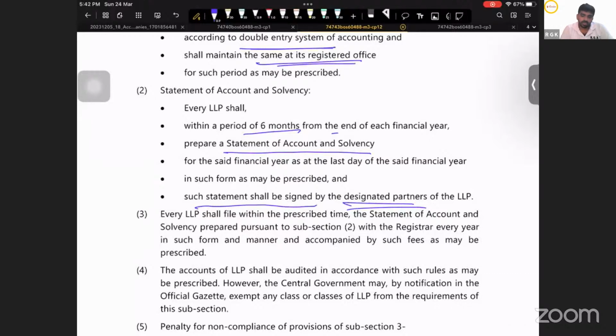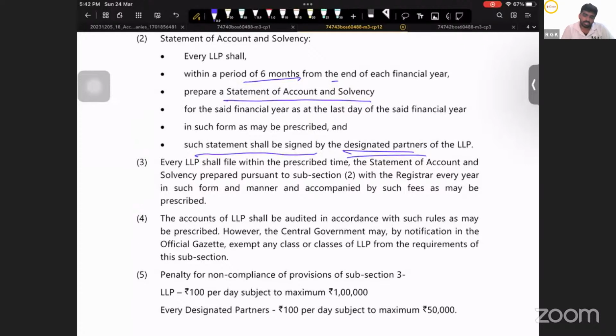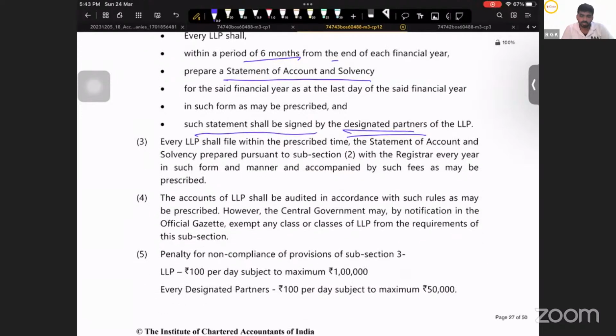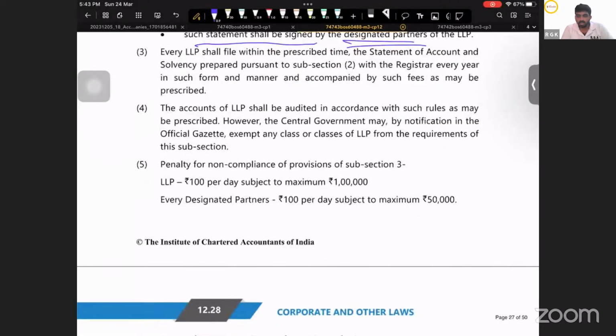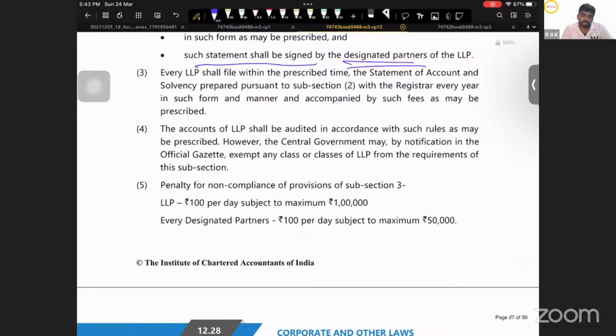Every LLP shall file within prescribed time the statement of accounts and solvency with the registrar every year. Filing also must be done. The accounts of LLP shall be audited in accordance with such rules as may be prescribed. However, the central government may, by notification in the official gazette, exempt any class or classes of LLP from the requirement of this subsection.